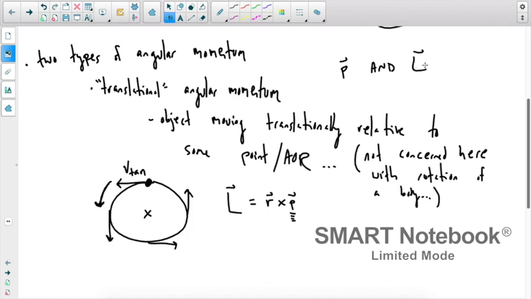It has a translational angular momentum. We'll talk a little bit more about why that's the case later. It's much more evident, makes much more sense when we're looking at a point particle that is part of a system that is actually rotating. Okay, enough about that. Let's talk about the equation.